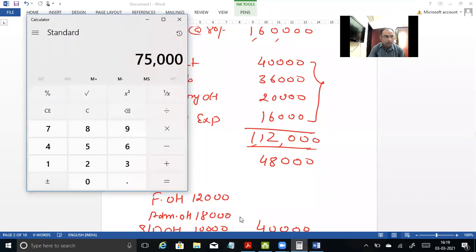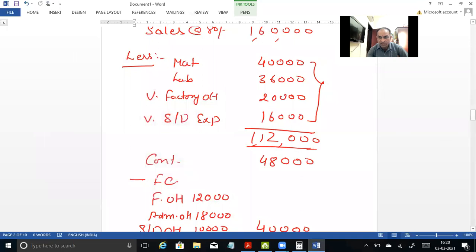A simple calculation: 1,12,000 divided by 2,000 units, because 2,000 units we are selling here. How much are we getting? 56. It means our variable cost is 56 per unit. So if we are selling in the foreign market without any extra fixed cost, our selling price is 65 and our variable cost is 56. So it is profitable. So why don't we go to the foreign market and capture that market? It would be advisable.